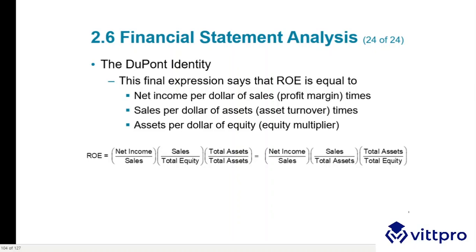And who is responsible for generating more and more sales out of the total resources? Also the operations, right? And who is responsible to generate more and more resources out of equity? The finance manager, right? The finance guy is responsible to buy more and more assets with the limited resources of equity shareholders, meaning buy from outside or on credit or from the shareholders, right?